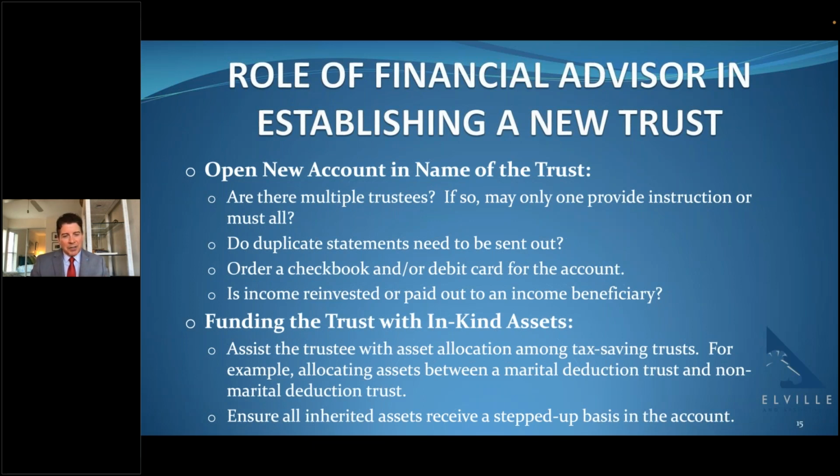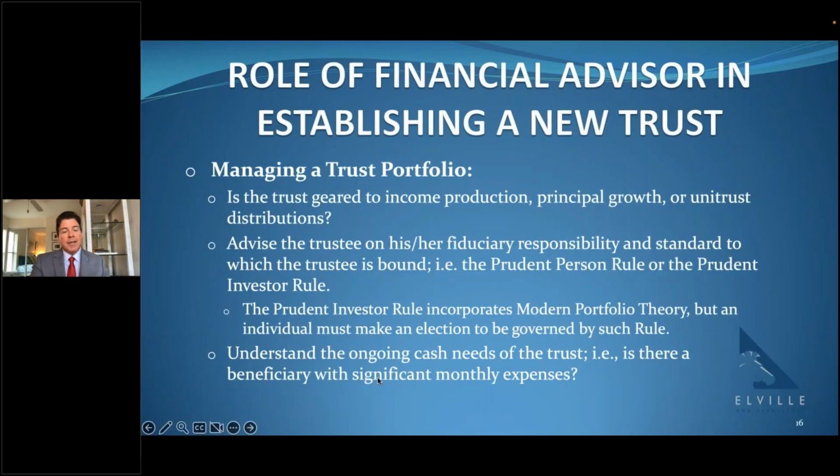But I'm digressing a little bit here from the financial advisor slide, and I'm just trying to say our trustees need to be very high-level people and work with professionals. Now, of course, as I just mentioned, the financial advisor manages the trust portfolio and is going to advise about the allocation.